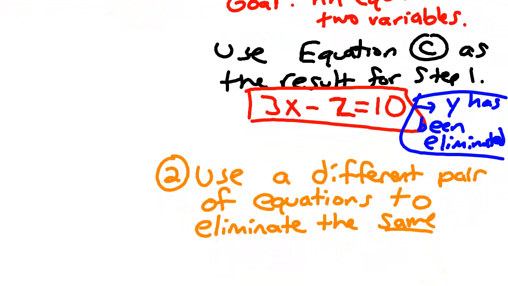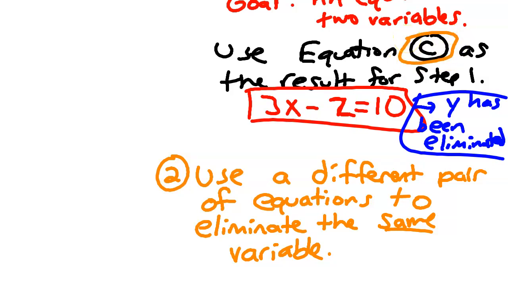Let me scroll down a little bit. So for step two, I can't use the same combo of equations that I used in step one. Again, because we took a shortcut this time, I didn't actually use a combo of equations in step one. I just used equation C, right?